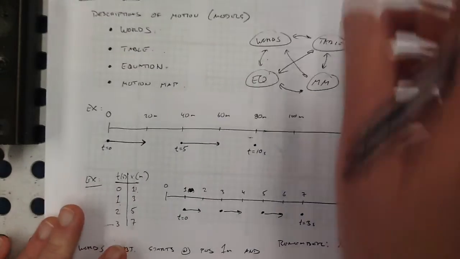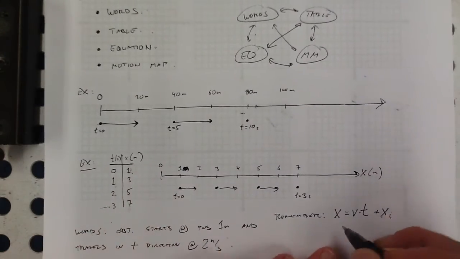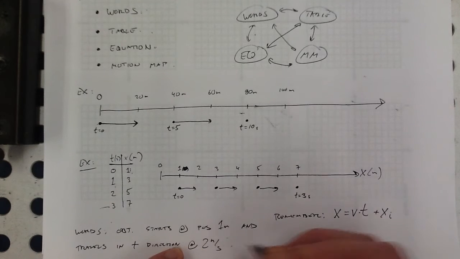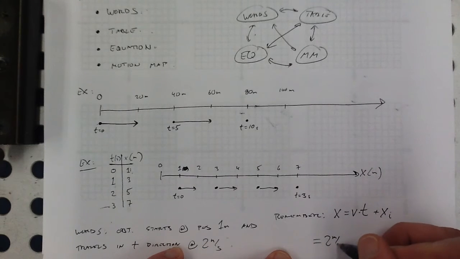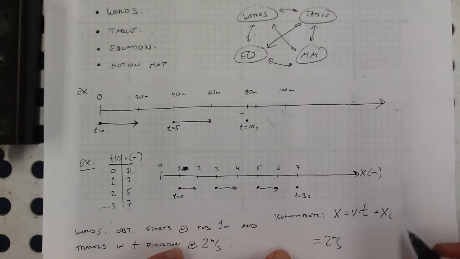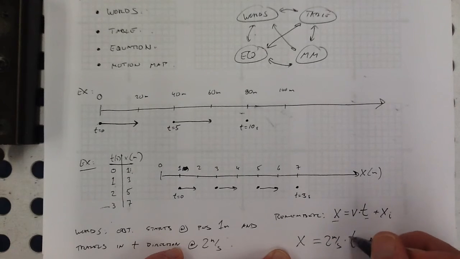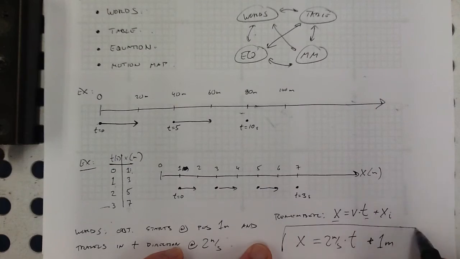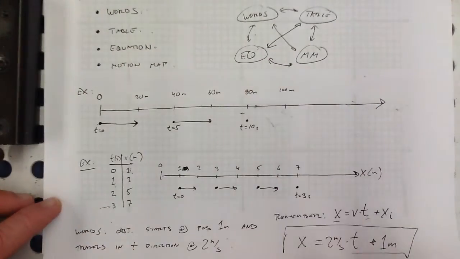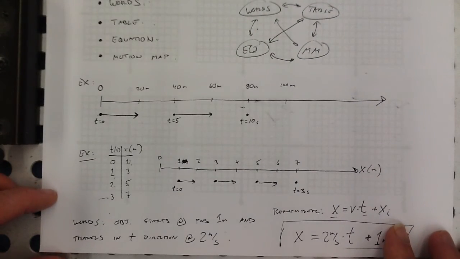So if I know the velocity is 2 meters per second, and I know the starting position is 1 meter, that's my slope and my intercept, so I just need to put in position equals this times time plus starting position. So there's all 4 of those.